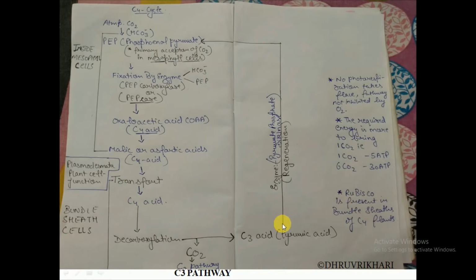The other product, the C3 acid in the form of pyruvic acid, is transported back from the bundle sheath to the mesophyll cells, and this mechanism is known as regeneration. With the help of the enzyme pyruvate phosphate dikinase, phosphoenol pyruvate is regenerated in the mesophyll cells.